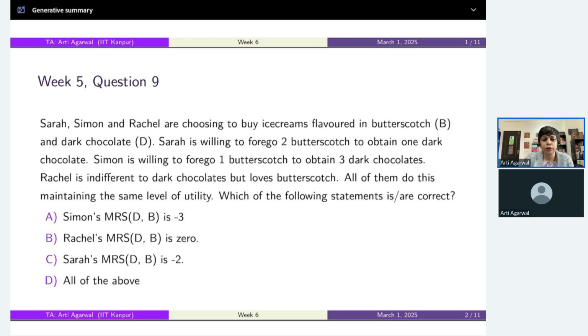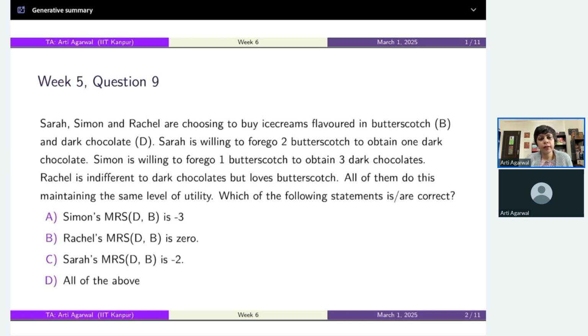The expression is going to flip, because we are being asked MRS D comma B. If we want to flip it to B comma D, the answer is going to be obviously different. So I don't want to confuse anybody. We're just going to go with whatever is given to us.